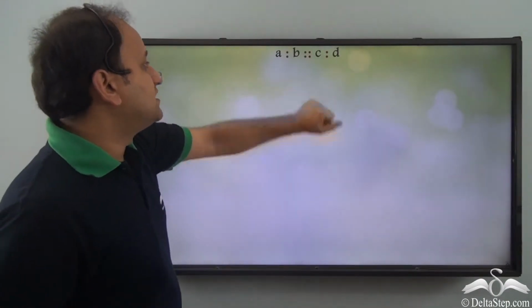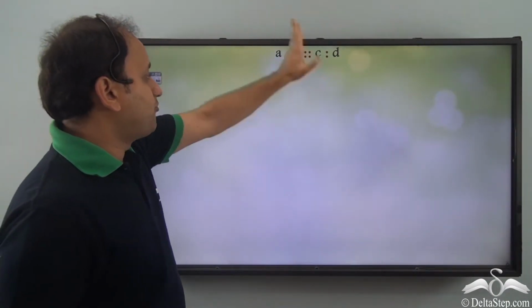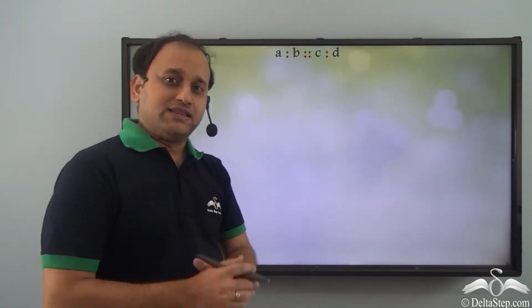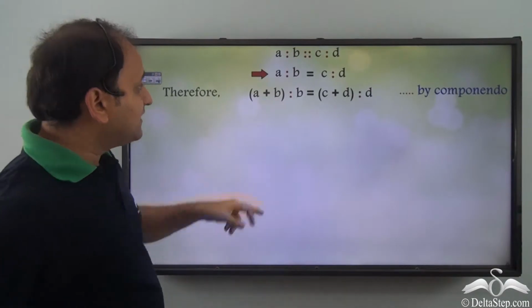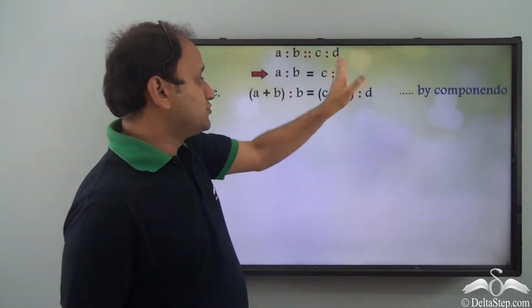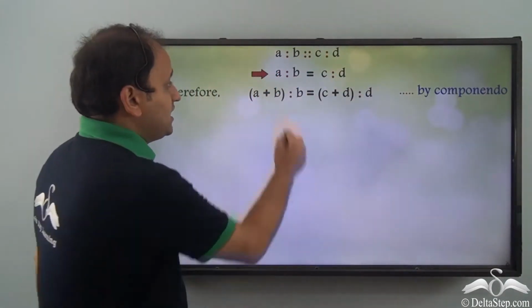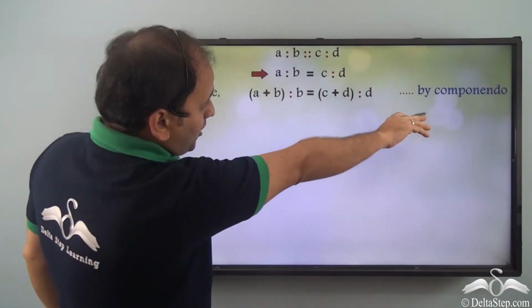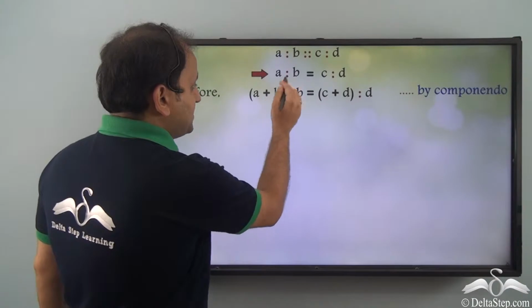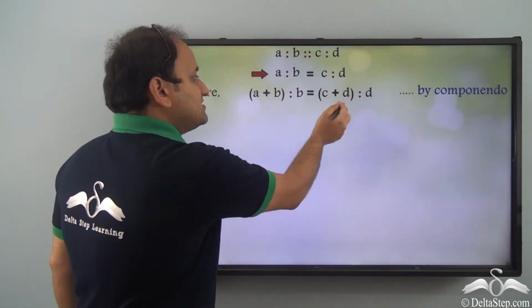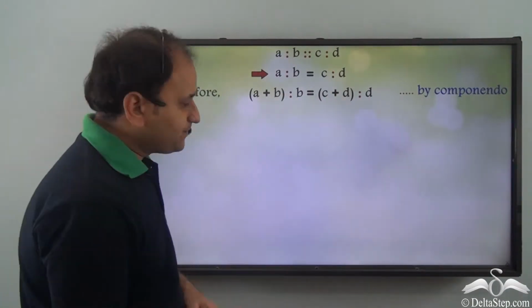So if we have this relationship A is to B is proportional to C is to D, then how can we write it? Well, we can write it as A is to B is equal to C is to D. Now, if we apply componendo property, then we can write this as A plus B is to B is equal to C plus D is to D, right?